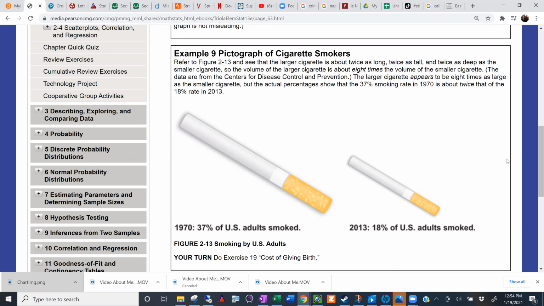So if my math's any good, then I think the first one should be twice as big as the second one. But is that how it's depicted? Does the first one look twice as big as the second one? More like 4 times. Yeah, thanks, Don. It looks more like 4 times as big.